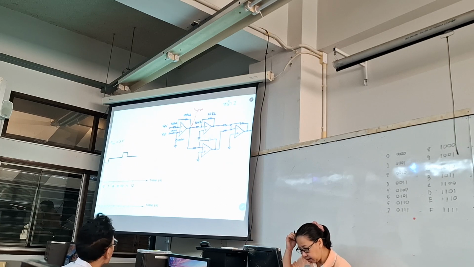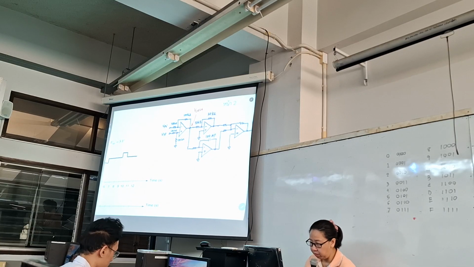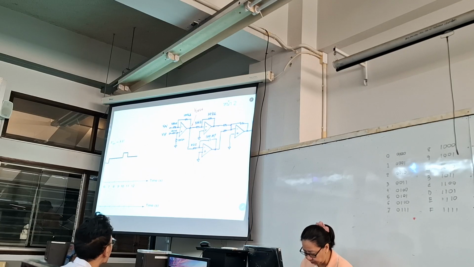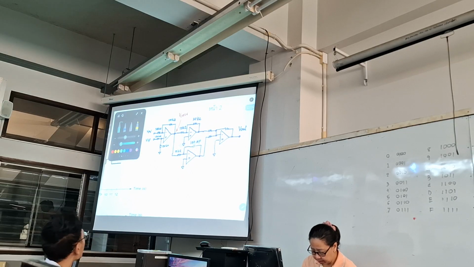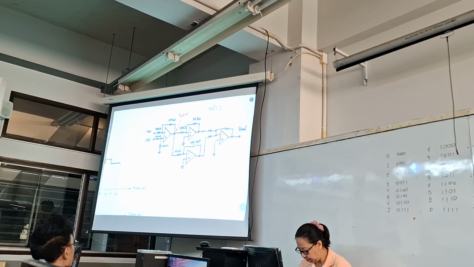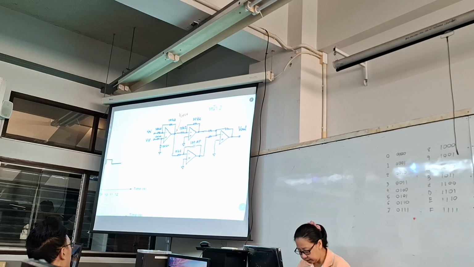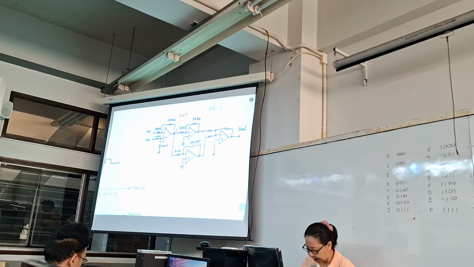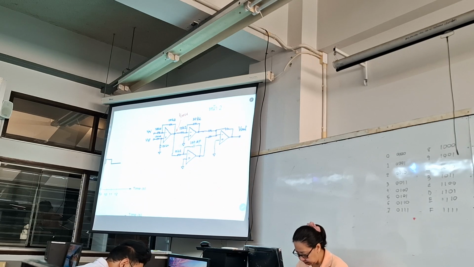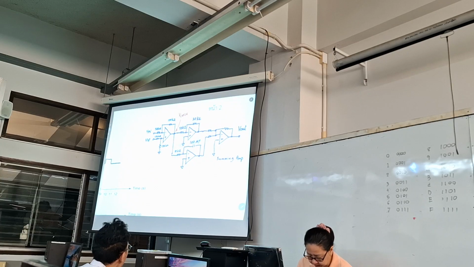In the integrator, I will use a capacitor with a value of 100 microfarads and 10 kilo ohm. The last one is called the summing amplifier. The function of this summing amplifier is simply to combine the two outputs of P and I and send them to the output. So it is called a summing amplifier. Simply just combine two effects.